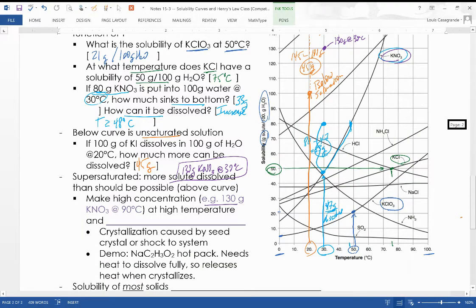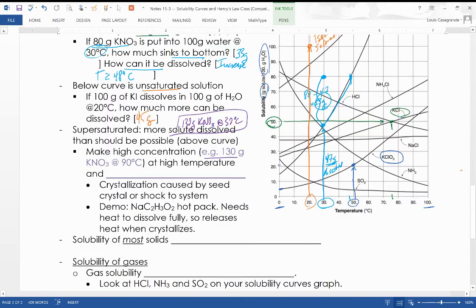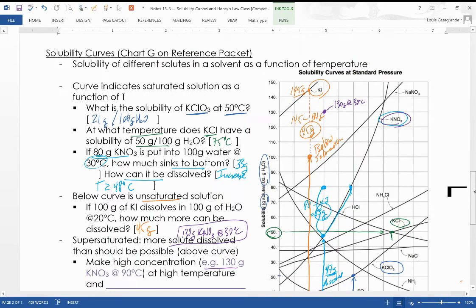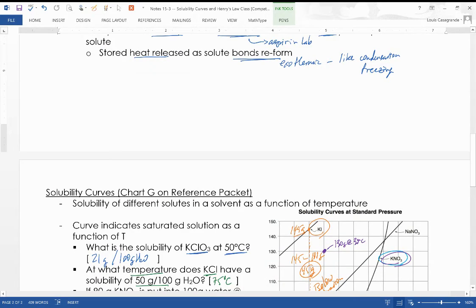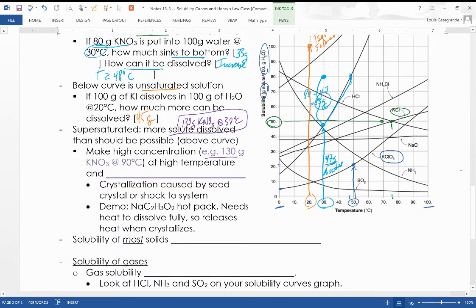Whenever I touch the pad, it moves. I hope I'm not making anybody dizzy here. Let's try it here. All right. So I can only put that 47 grams dissolved.